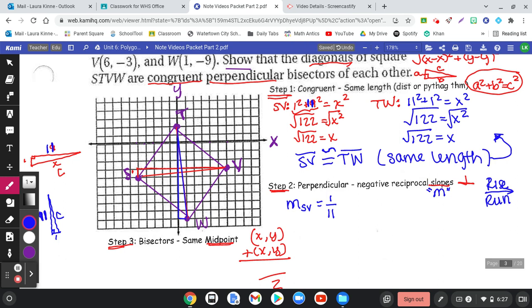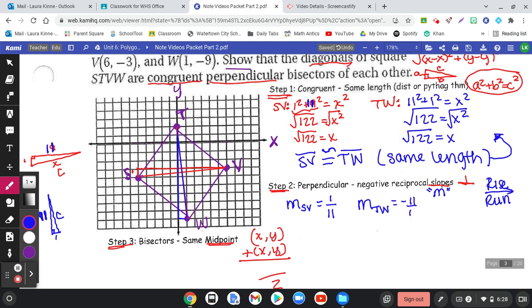And for the slope of TW, again, T is just a little bit further to the left. See how T's at 0 and W's at 1? So to get from T to W, we have to go down 11 over 1.